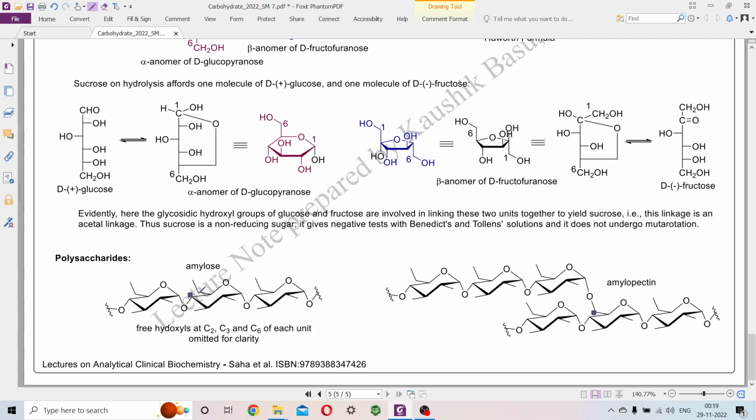And this I3 minus ion, where 3 iodine atoms are linearly placed, this circular cylinder or a helical cylinder obtained by the amylose chain can perfectly encapsulate this I3 minus ion, this polyiodide ion, and that complex is characterized by its typical blue-black color.